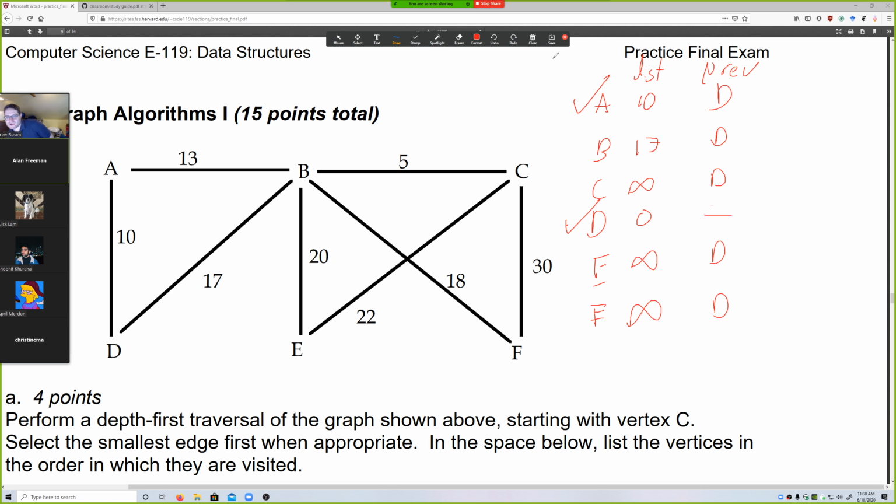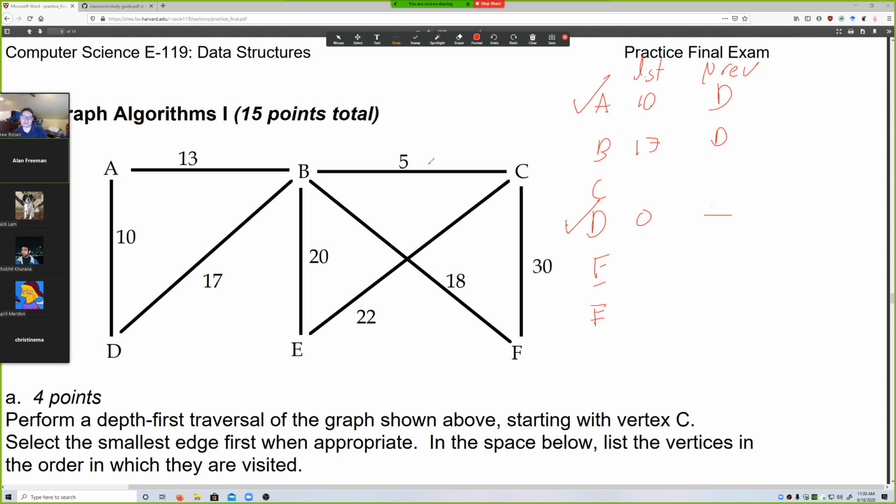What about B? So now let's check the others. 17, infinity, infinity, infinity. Well, 17 is our next node. Oh, sorry, B is our next node because that's the smallest. So now we've got this edge over here, and B is going to connect us to C, E, and F, which we can safely say is going to be less than infinity.